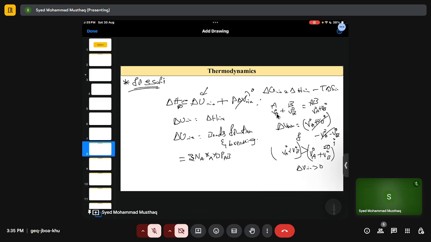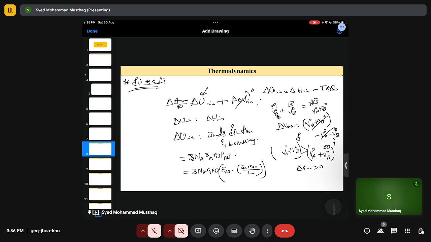So if you substitute all this here, everything will turn out to be Z, N_A, X_A, X_B, and you will get energy.